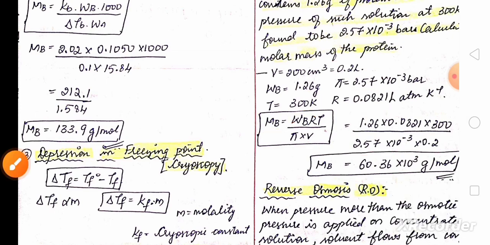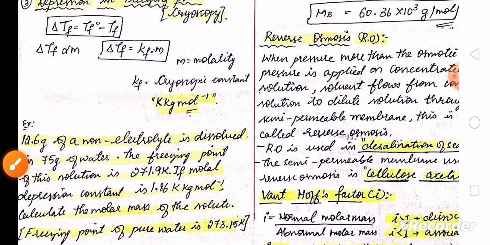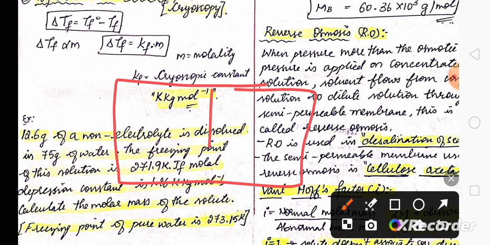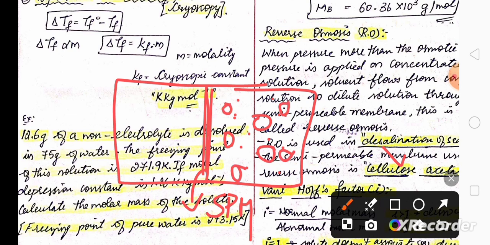Now the last topic of this chapter is reverse osmosis. Reverse osmosis means, when you take a tank separated by one semi-permeable membrane. In reverse osmosis, the semi-permeable membrane used is cellulose acetate. On one side of the tank you take the salt solution, salt water or sea water.